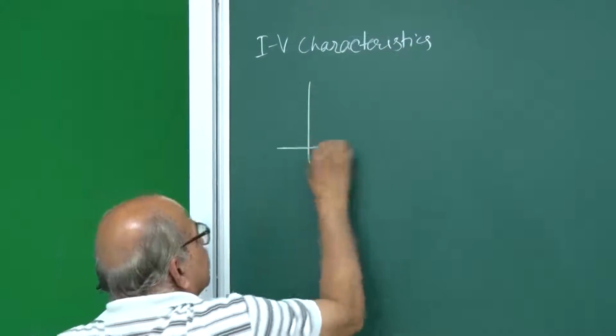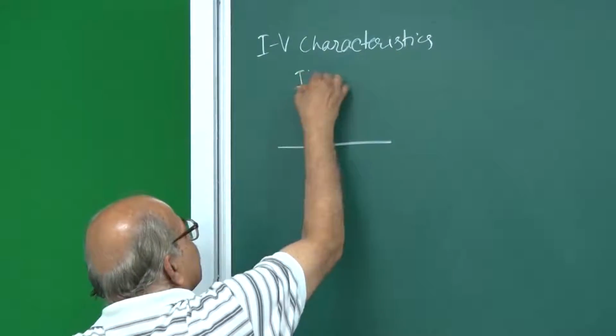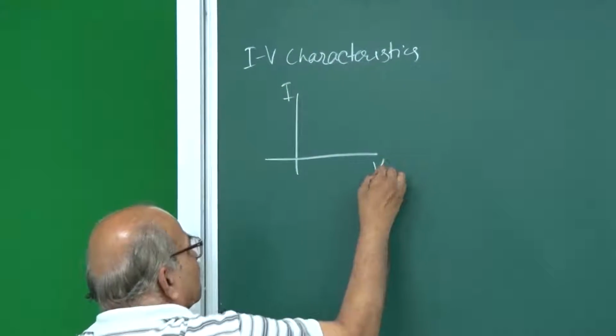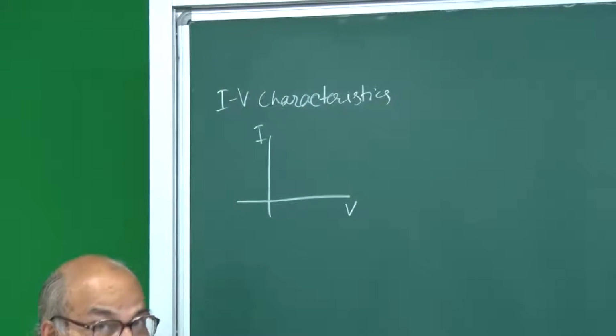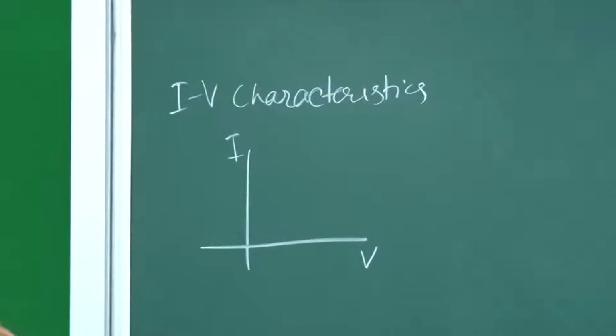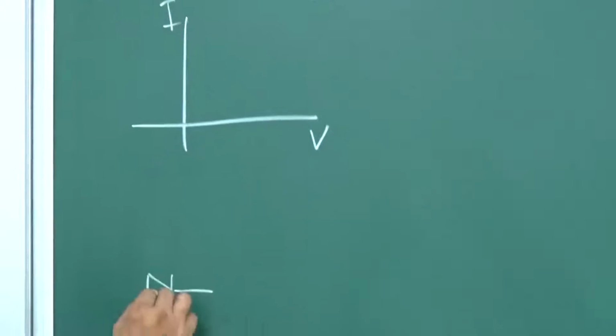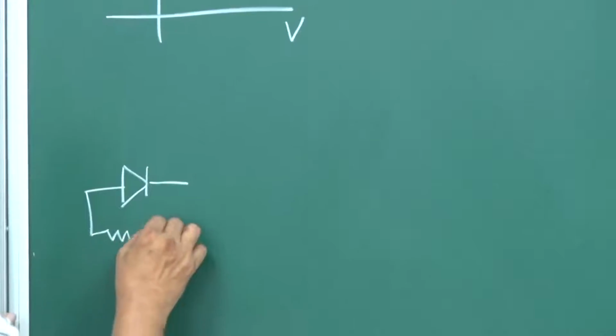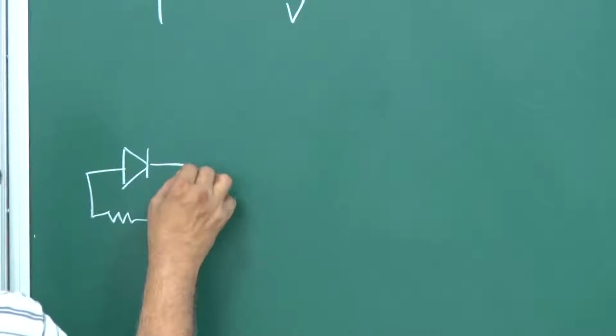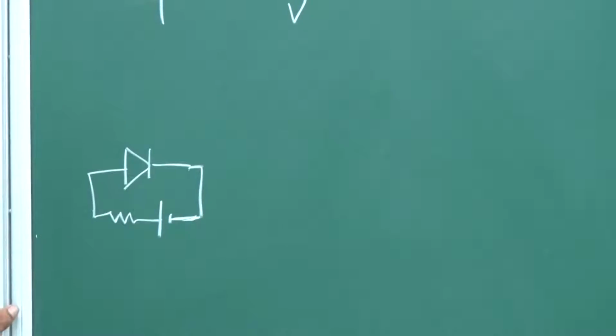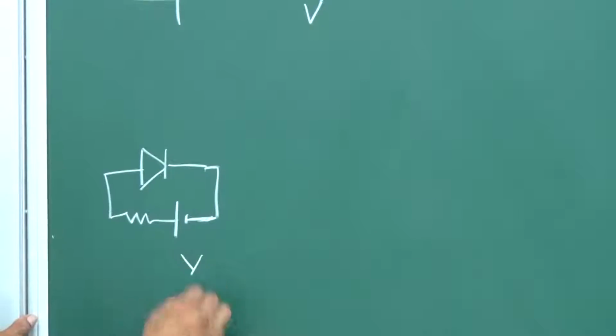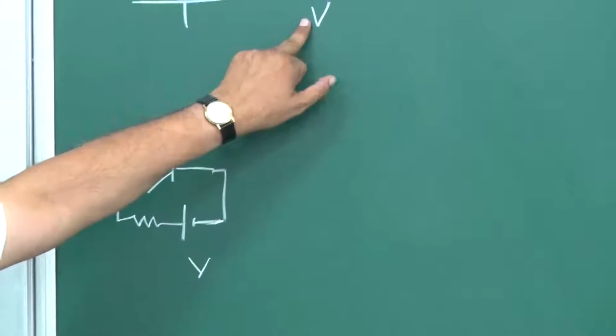For a p-n junction, just one single p-n junction, if this is I and this is V. Which V? If you have a p-n junction in forward bias and we apply a V here, which V am I plotting?